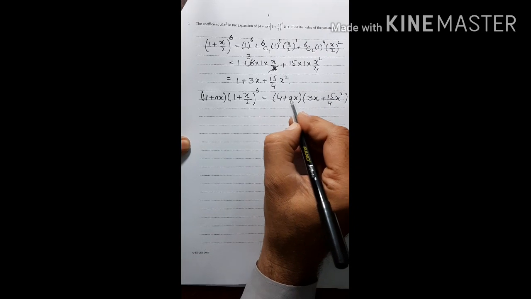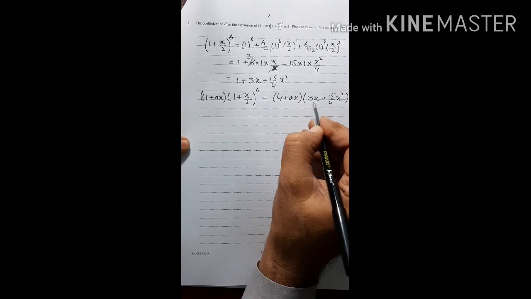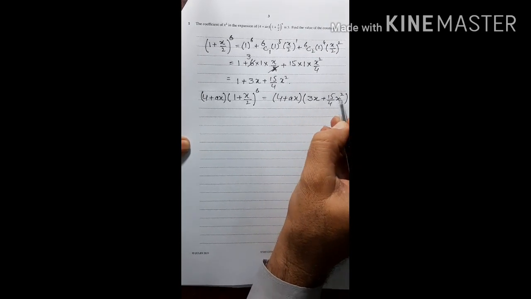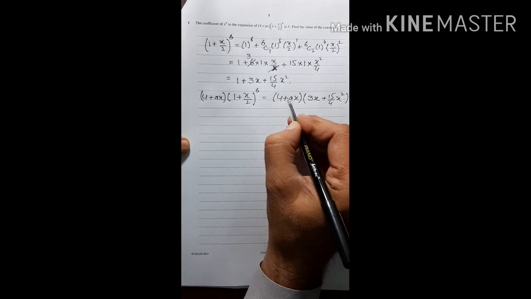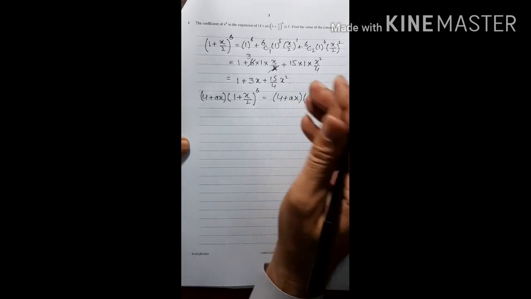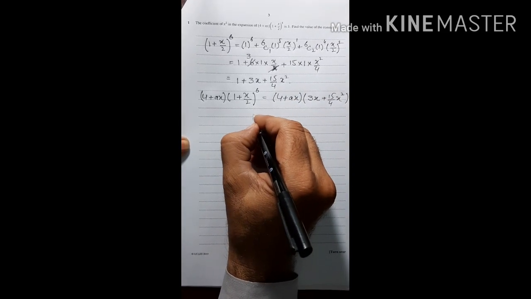When this 3x multiplies with ax, it becomes a term of x squared, and when this 15/4 x squared multiplies with 4, it also becomes a term of x squared. So we will not use any extra term.